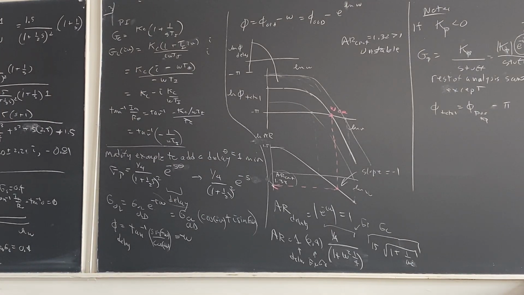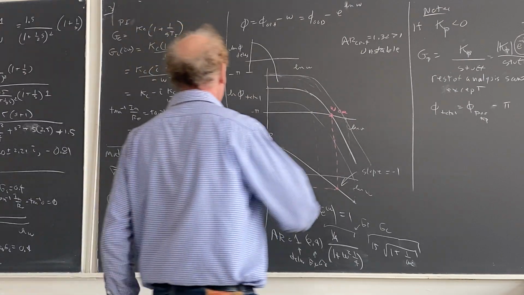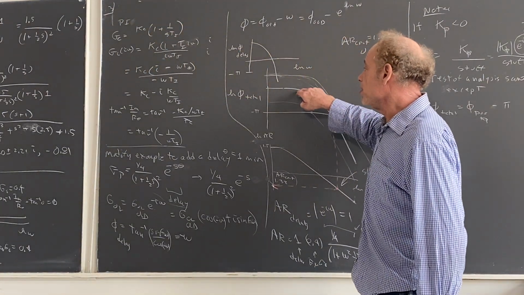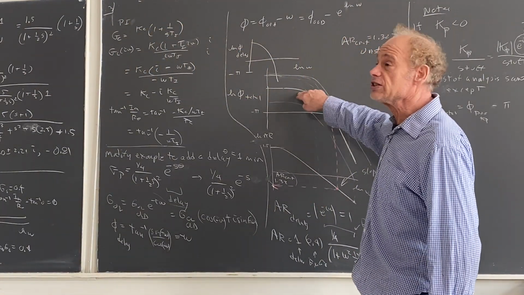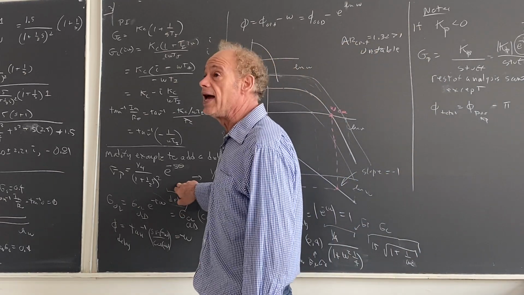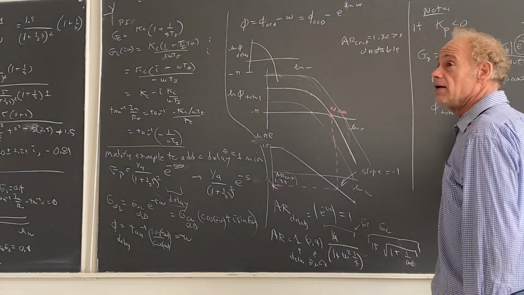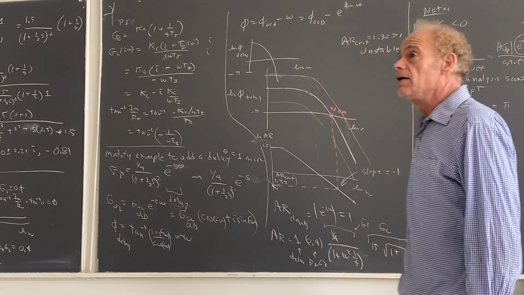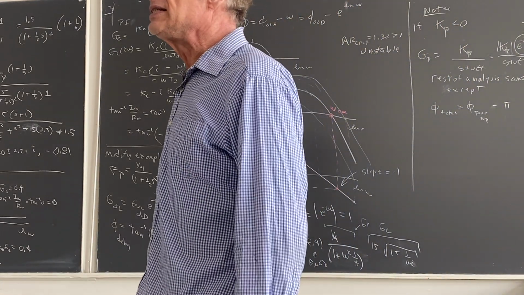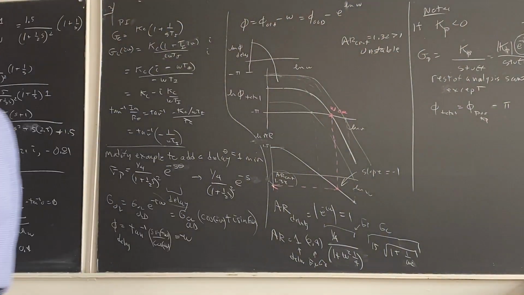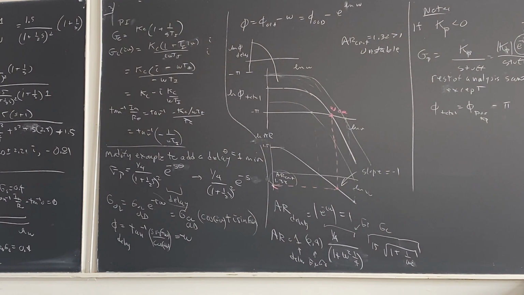What else can we say? Lots of things. Okay, so I made the point that the more I subtract from the phi curve, I can subtract by a delay, I can subtract by having a negative Kp, I could have other things in the system that make other contributions that might be negative.